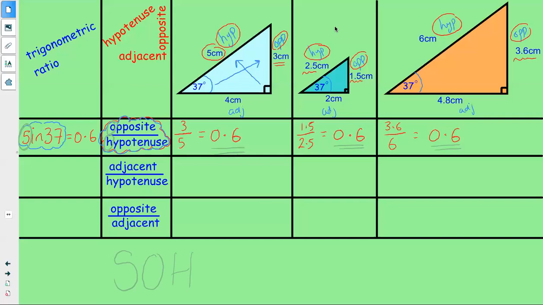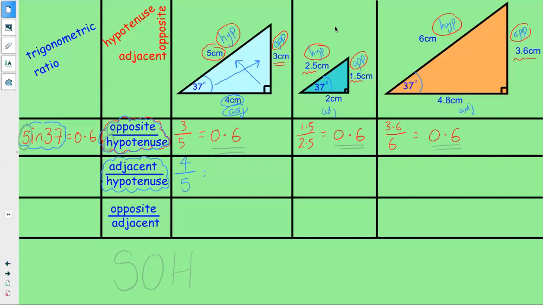So, the next one says adjacent divided by hypotenuse. So I'm going to do the exact same thing with all 3 triangles. I'm going to look at the adjacent side now. Here's the adjacent here, and that length is 4 centimeters. So it's going to be 4 divided by the hypotenuse, which is 5.